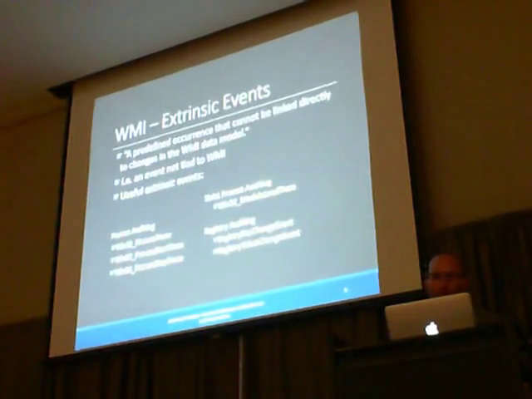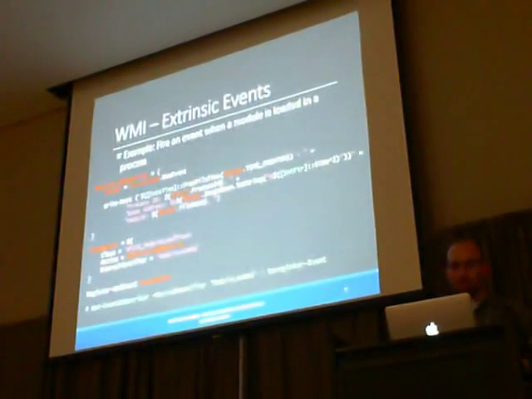Well, you could use this to monitor the run key, and if anything is ever added to that registry key, then you could be alerted. So in my example here, I'm using the Win32 module load trace class, and I'm alerting whenever a DLL is loaded into a process.